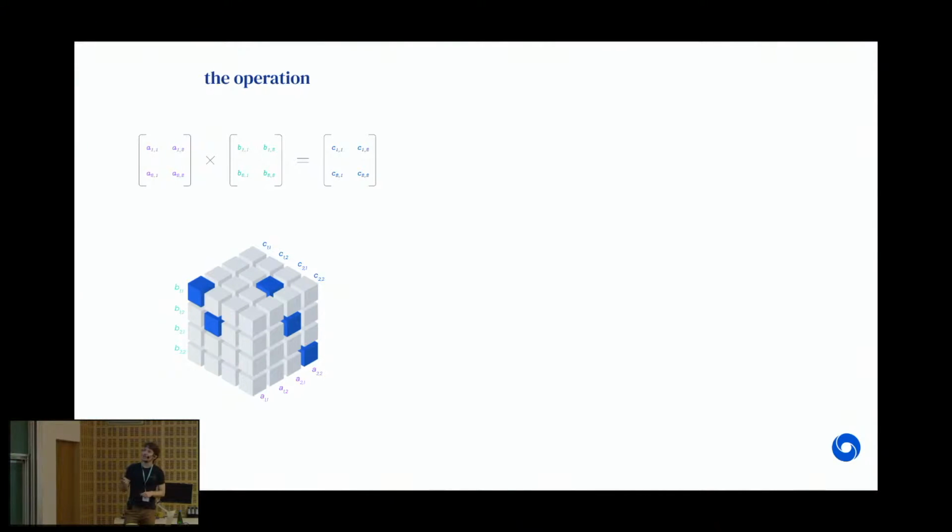So the axes of the tensor are indexed by the elements of the first matrix, second matrix, and output matrix. Now this is a binary tensor. It only contains zeros and ones. Zeros are shown in gray, the ones are shown in blue. And again, this is a fixed tensor. It's independent of the values inside the matrices that we actually want to multiply.